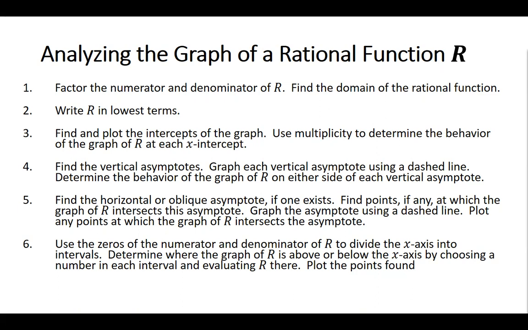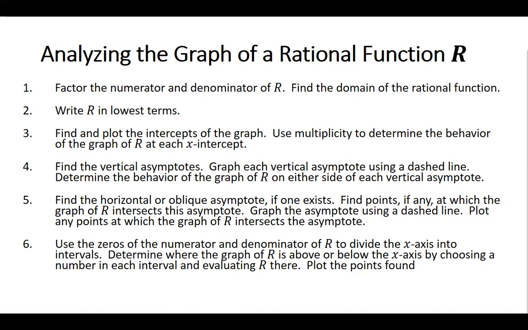Now, you've probably done this before. You get all the roots or zeros of the numerator and the denominator, and you use all those to create intervals starting at negative infinity going to positive infinity. Then you check each of these intervals to see whether you get a positive or negative result.